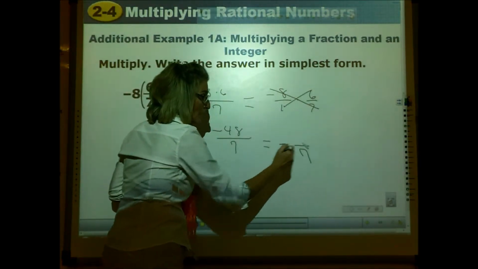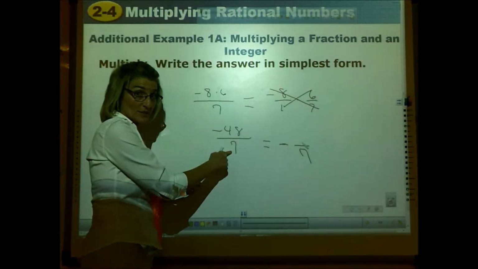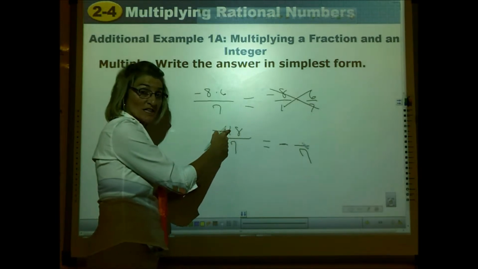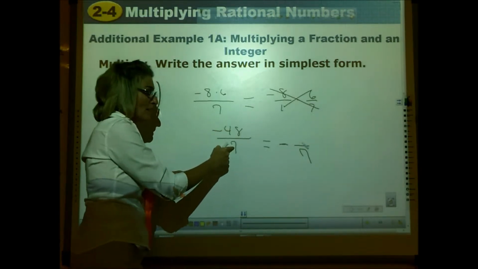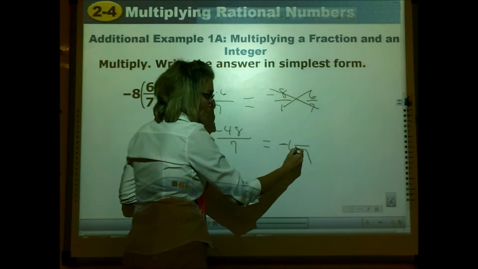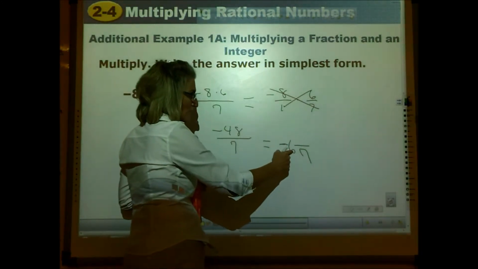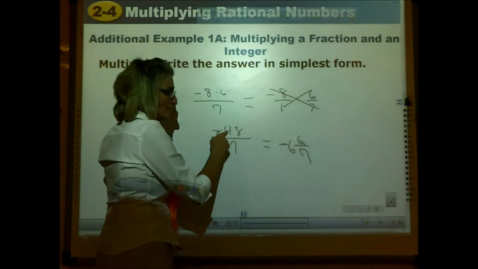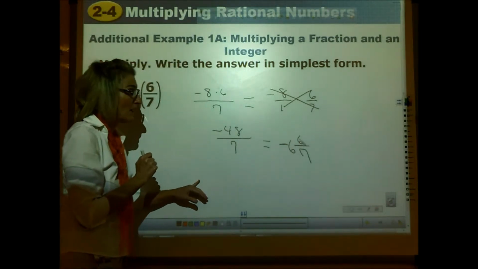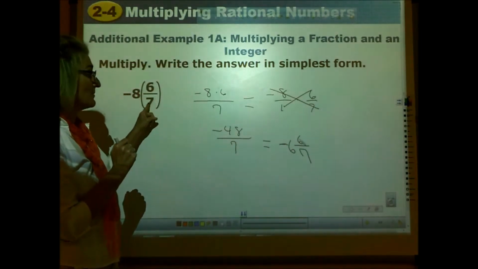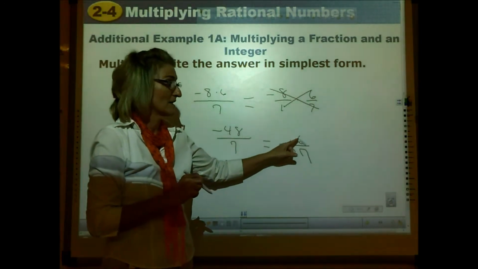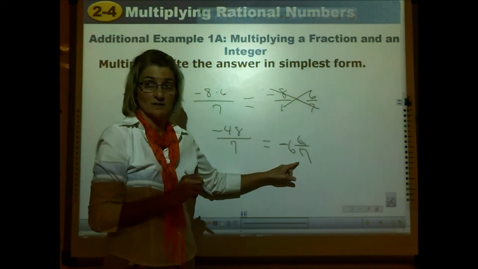We know our denominator is still going to be 7 until we simplify. We're just converting this into an equivalent mixed number. 6 groups of 7 will go into 48. 7 times 6 is 42, with 6 left over to make it to 48. So, -8 times 6/7 is -6 and 6/7.